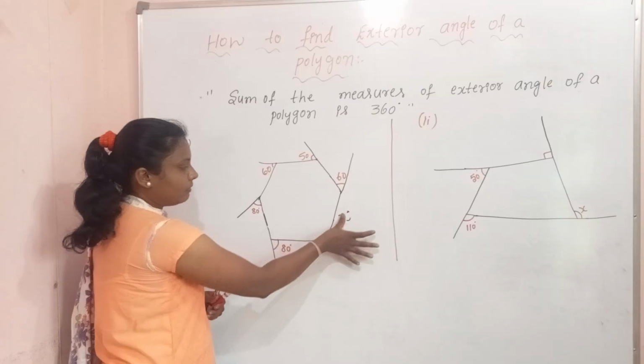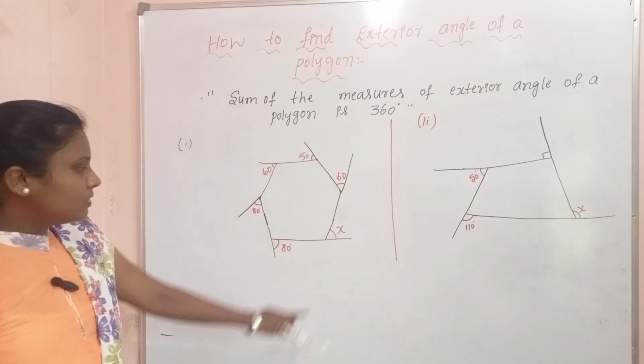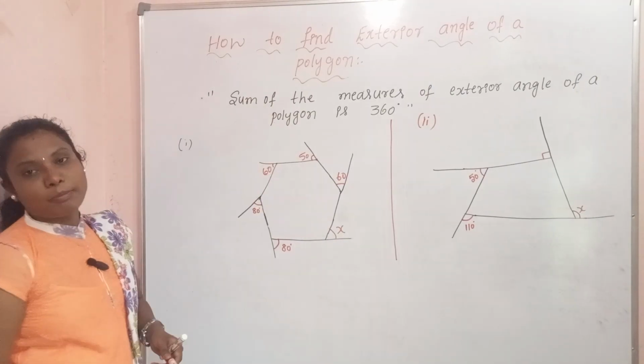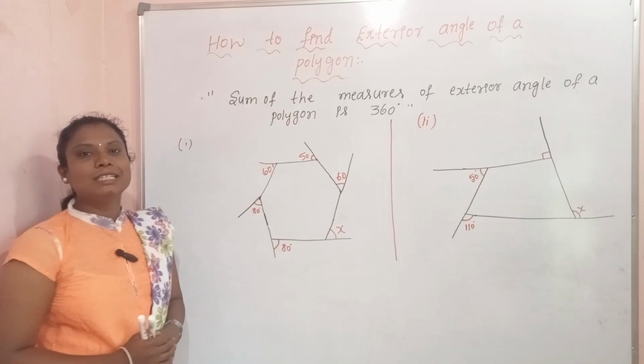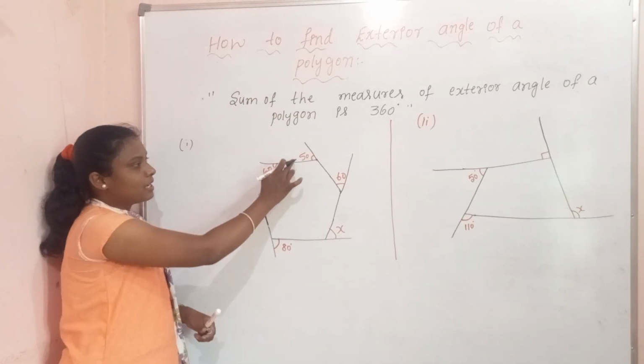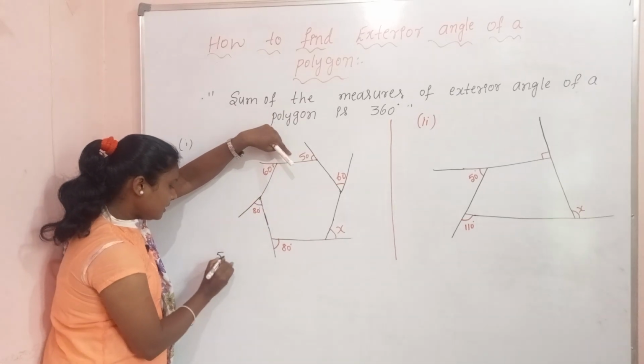Here they have given us an unknown, that is x. How do we find the x value? Using this property we can find the exterior angles easily. Let's check. The first angle is 50 degrees.